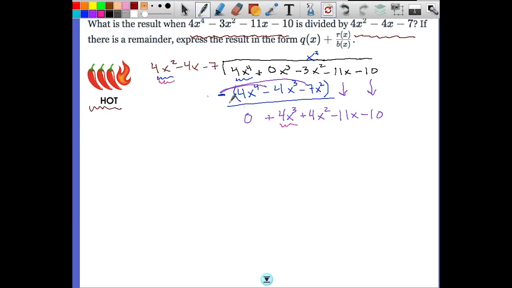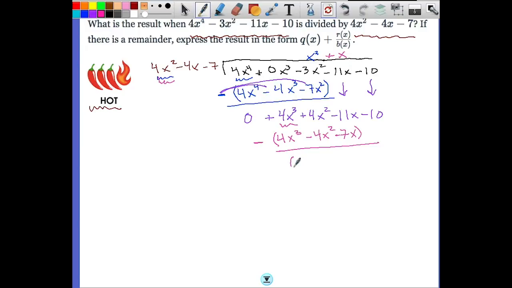We're going to divide. And to me, it looks like that is x. Line that column up right here. We're going to multiply the x and this divisor, and I get 4x to the third minus 4x squared minus 7x. Let's make sure we'll put some parentheses around and make sure we're subtracting.